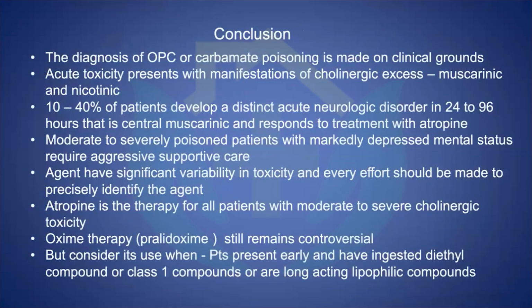In conclusion, the diagnosis of organophosphorus compound or carbamate poisoning is made clinically, in an acutely toxic patient with manifestations of cholinergic excess, muscarinic and nicotinic. Atropine therapy is appropriate and is the antidote.